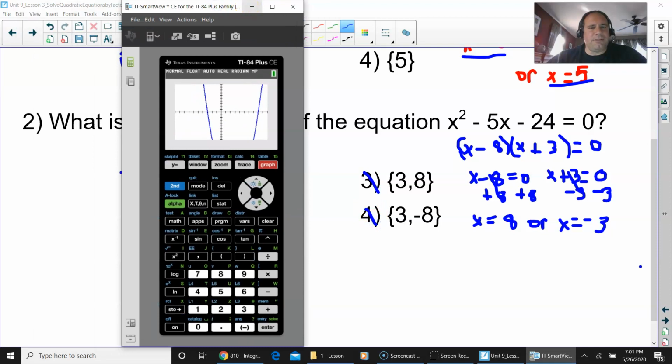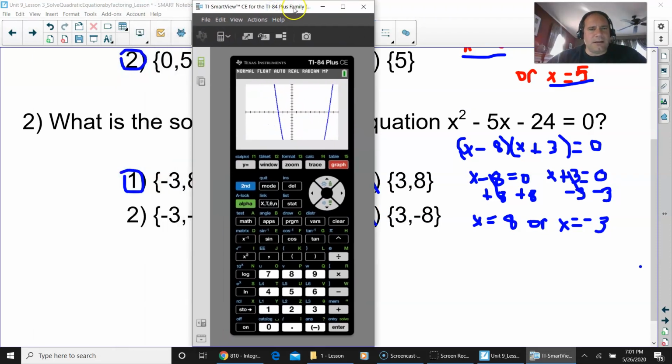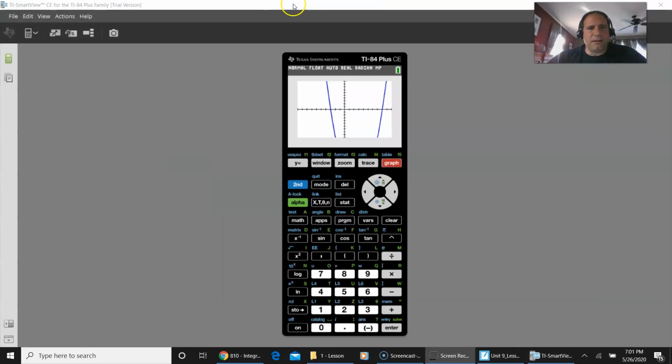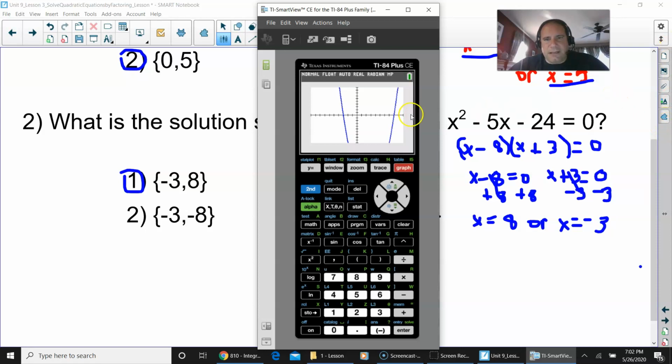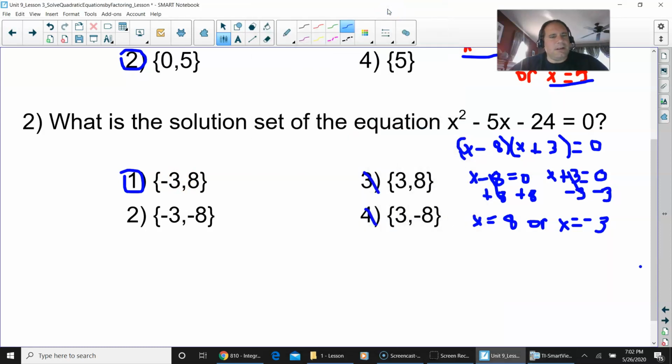And if you're taking a look at number 1 and number 2, it's 1, 2, 3, 4, 5, 6, 7, 8. So you figure 8 is right here, and you're good to go with choice number 1, and that's basically it.